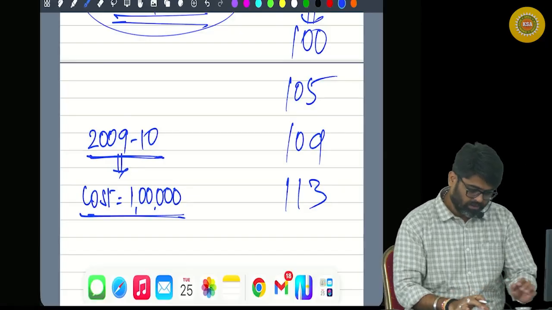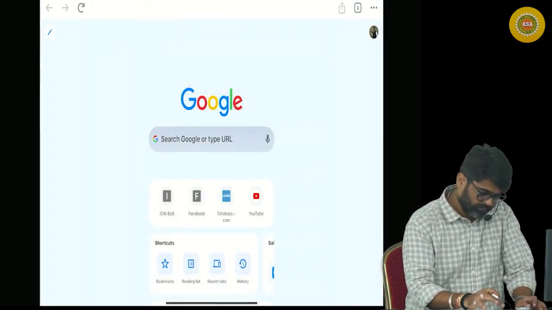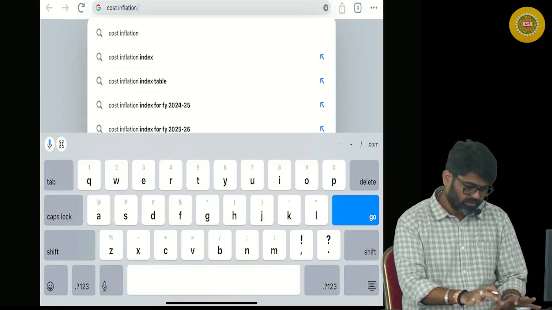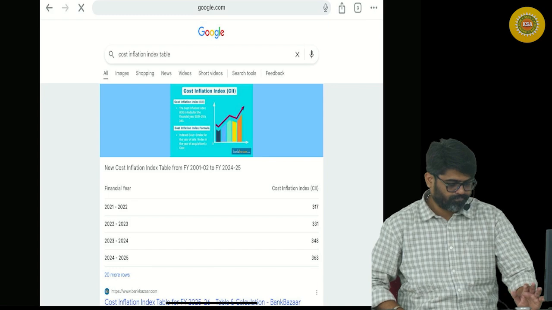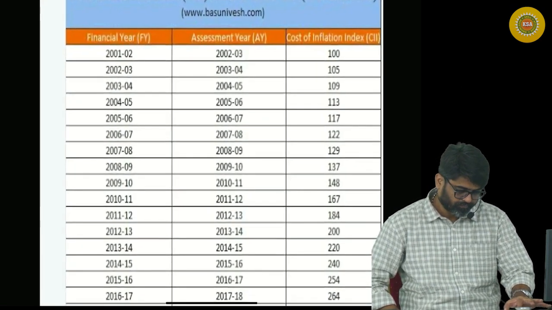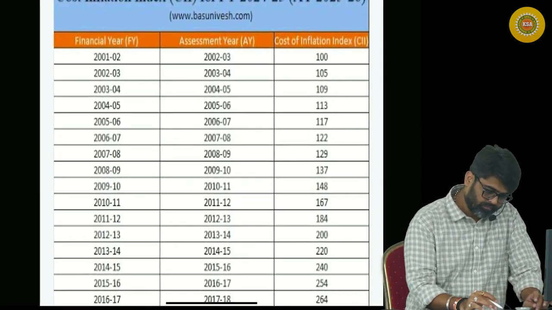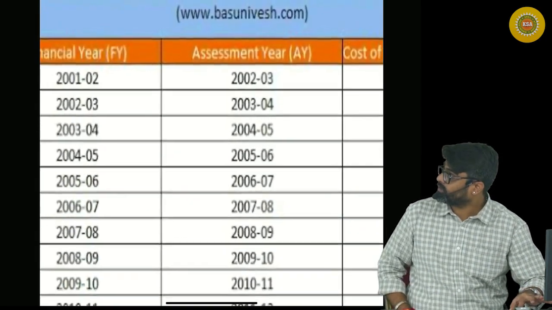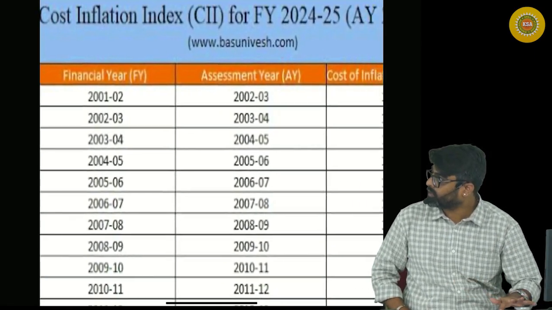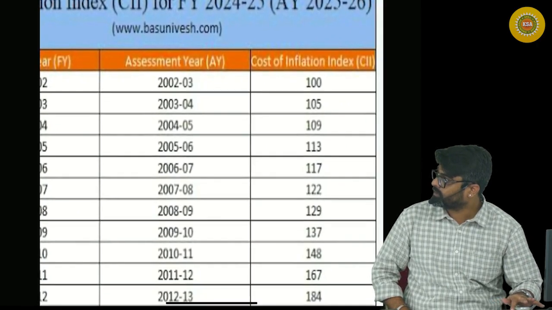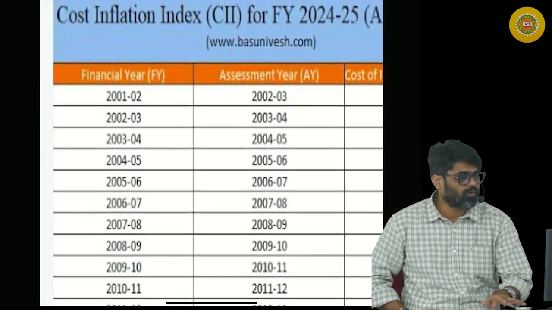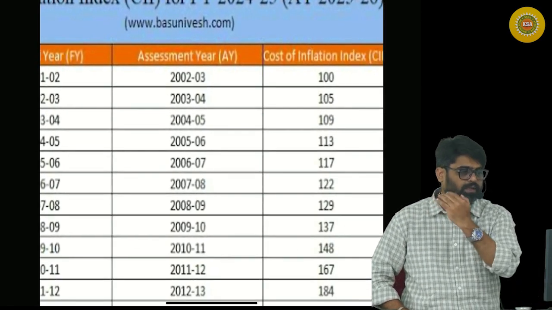Cost inflation index table. CII table. See, which is the base year? 2001-02. Forget about the assessment year. Take the financial year. 2001-02 is the base year. After that, 2002-03, what is the CII? Then 2003-04, what is the CII? Likewise, 113, 115.